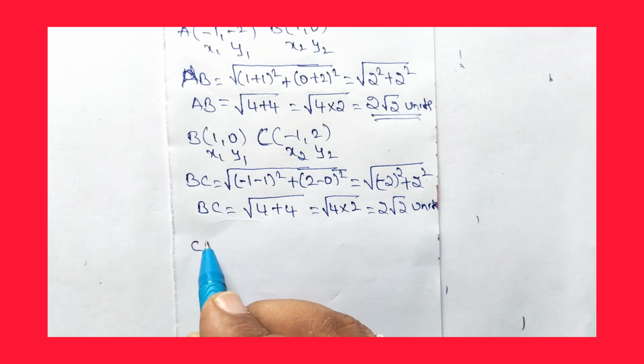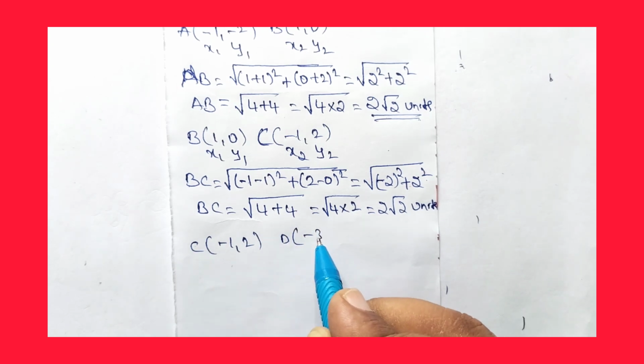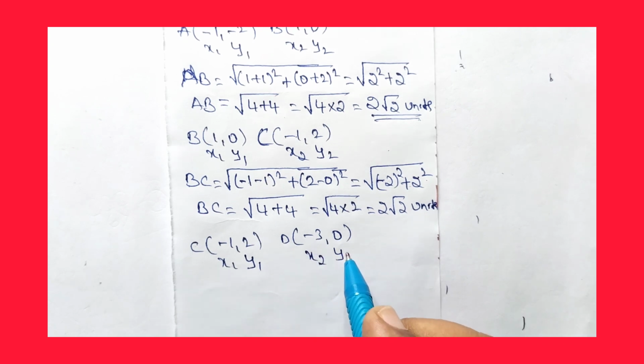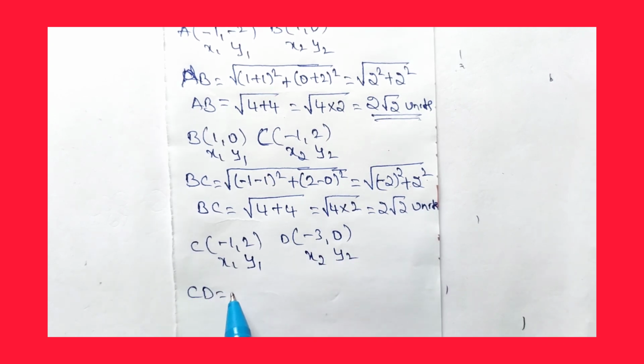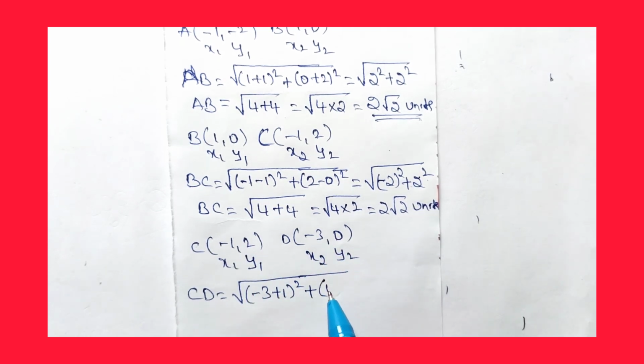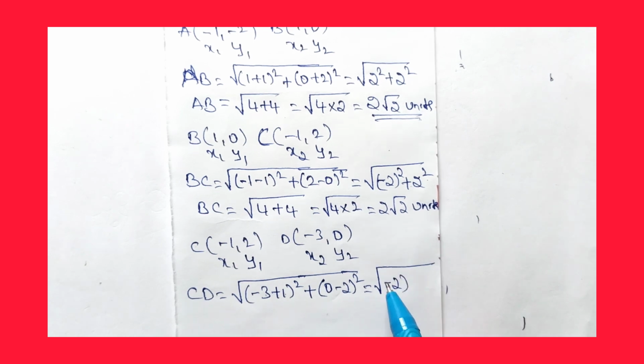Now find the distance between C and D. C is minus 1 comma 2 and D is minus 3 comma 0. So x1 y1 and x2 y2. CD is equal to the square root of x2 minus x1, that is minus 3 minus minus 1, whole square, plus 0 minus 2 whole square, that is equal to the square root of minus 2 whole square plus minus 2 whole square.